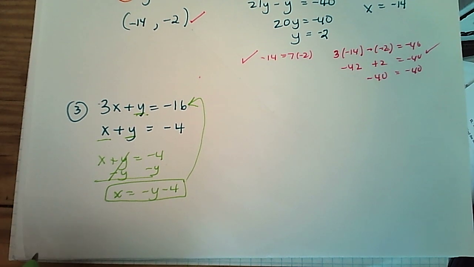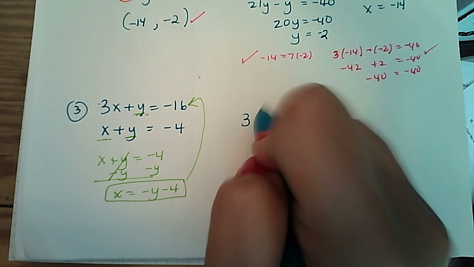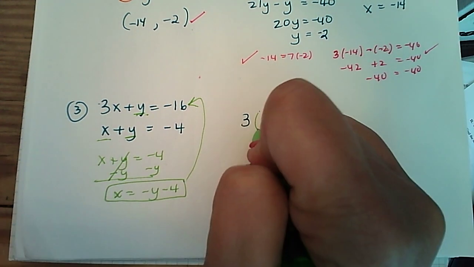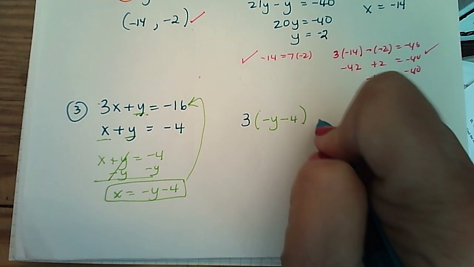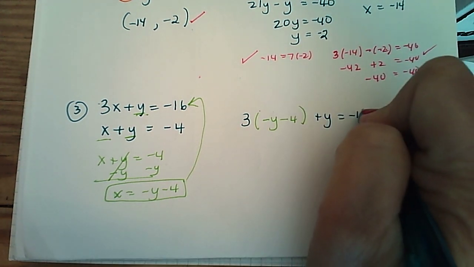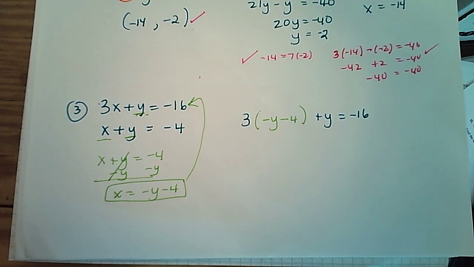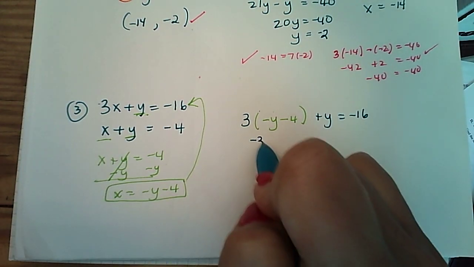Right? I said to solve for a variable and substitute. So now, 3 times, now this is my x. He's a little complicated. Negative y minus 4. Because remember, it's 3x, plus y equals negative 16. Now I need to distribute.